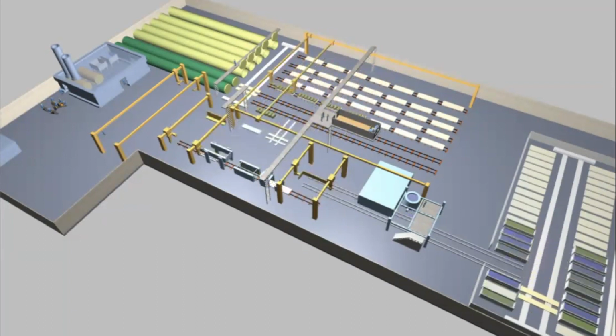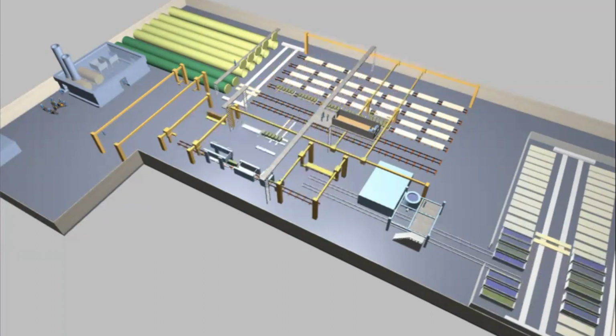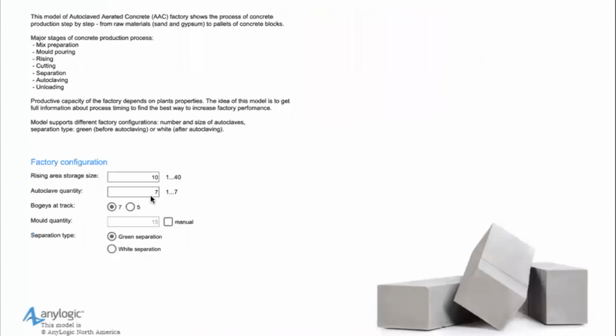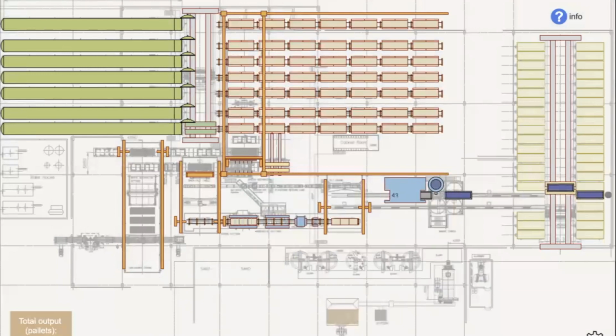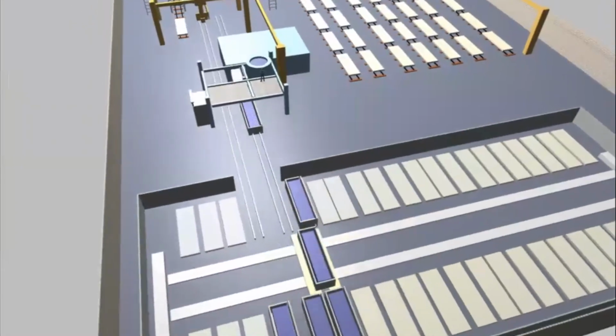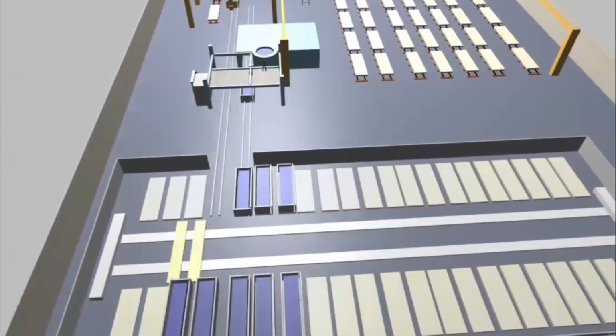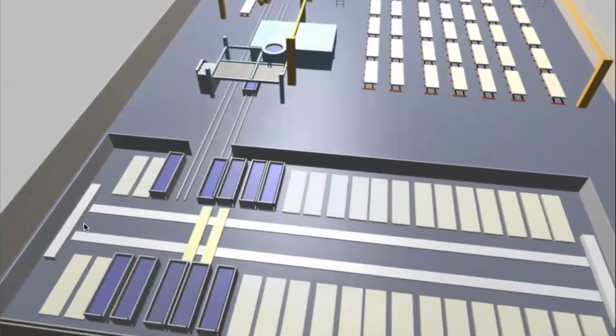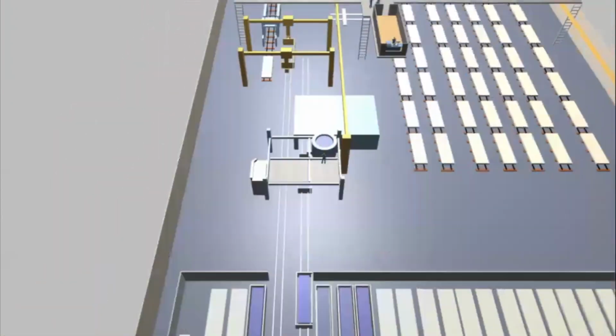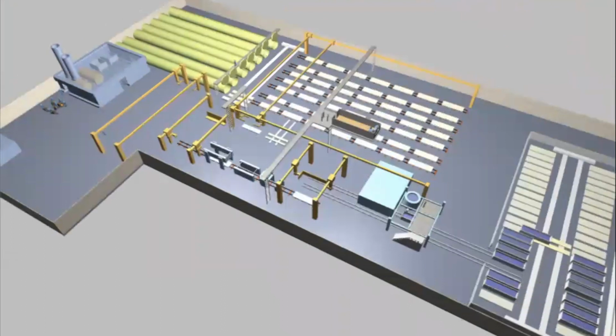So if we look at our units, we've had the capacity set at 10, but we are increasing it to 40, so we can see what the impact of increasing that initial bottleneck would have on the system. As you can see, the mix and pouring is pumping out more product that goes into the next step, which is the rising area.